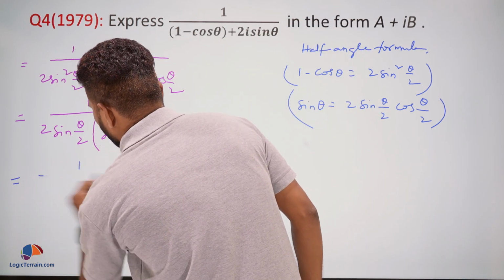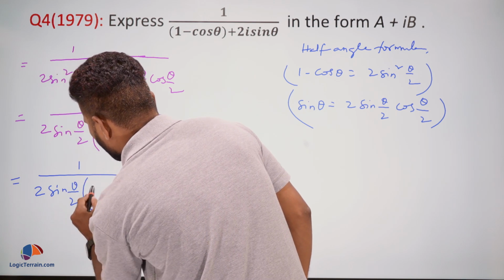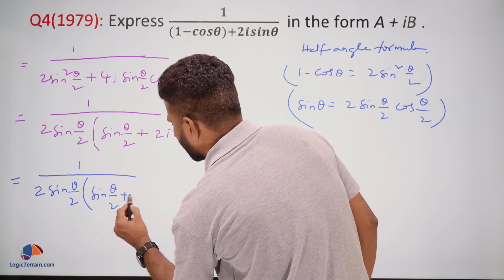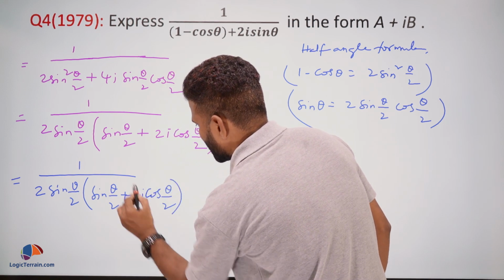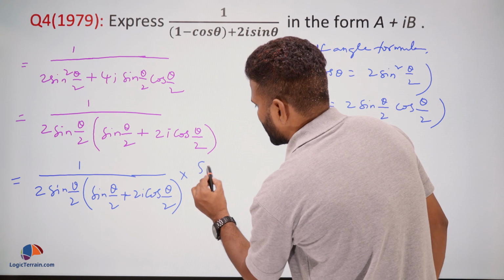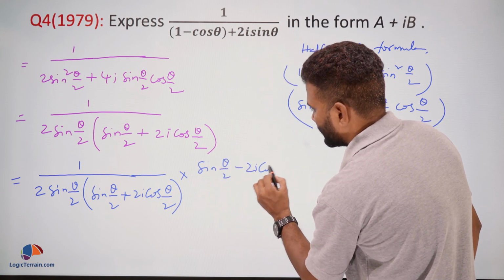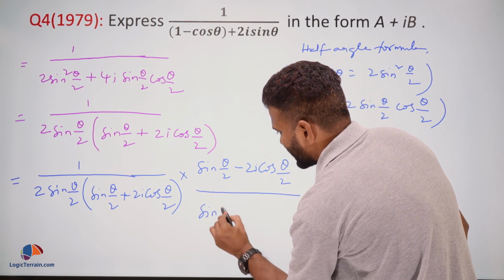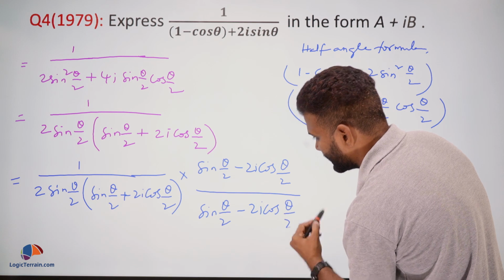So that implies 1 upon 2 sin theta upon 2 into sin theta upon 2 plus 2i cos theta upon 2 into sin theta upon 2 minus 2i cos theta upon 2 upon sin theta upon 2 minus 2i cos theta upon 2.